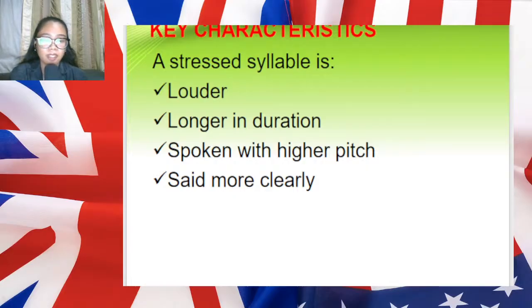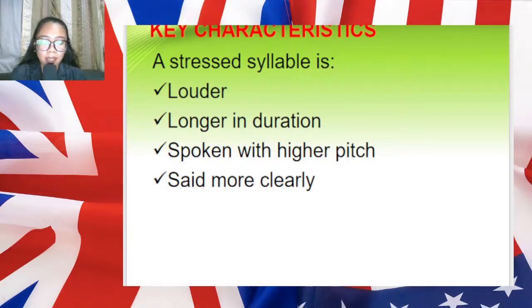And lastly, a stressed syllable is said more clearly. When we stress a syllable, we pronounce it more carefully. So the vowel sound in that syllable is usually clear and full, while the other syllables might sound shorter or more relaxed. This clarity helps people recognize the word immediately.